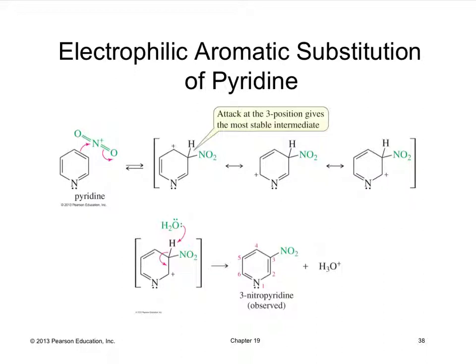In terms of electrophilic aromatic substitution, it's going to prefer the meta. Once it has the meta, you can have the electrons move over here again, and again over here, and then you have elimination to generate the 3-nitropyridine.